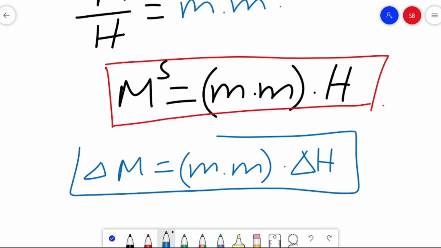So these changes are also being captured by the money multiplier. Now since I have already mentioned that I am going to discuss the concept, let's discuss the concept in the last 30 seconds.